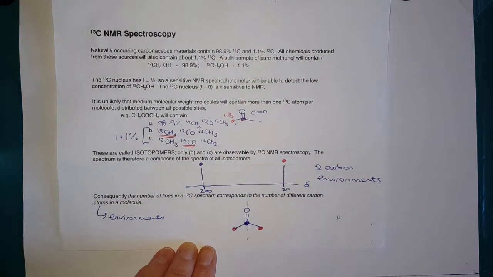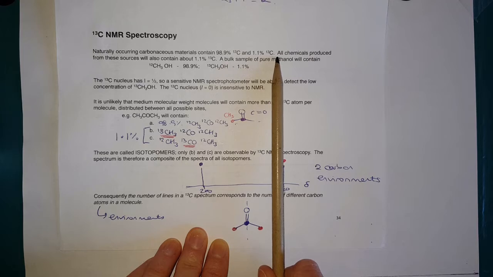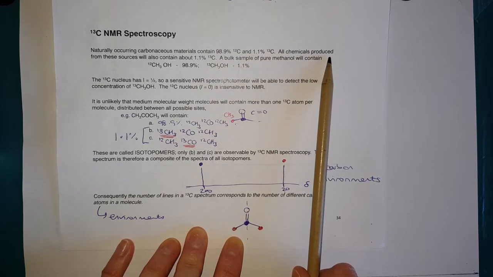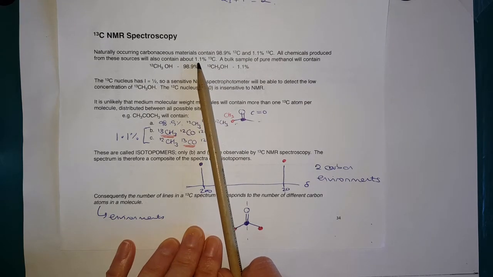Naturally occurring carbonaceous materials contain mostly carbon-12 and a little bit of carbon-13. All chemicals which are produced from these sources will also contain a similar ratio of carbon-13 to carbon-12.